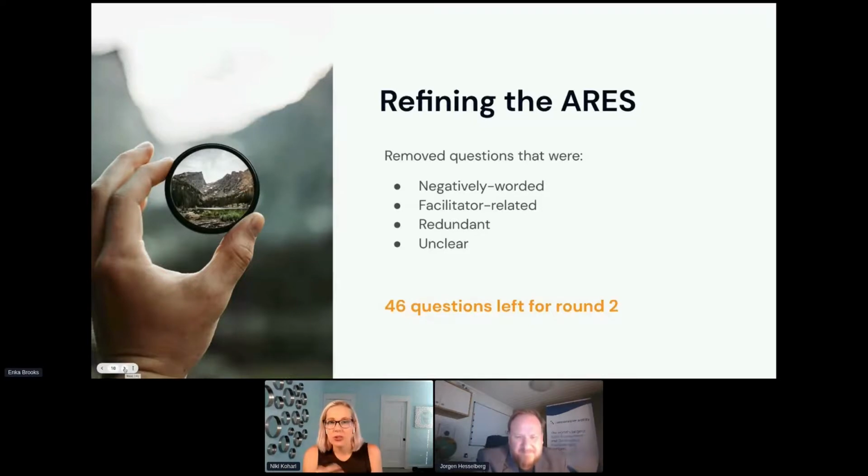Oftentimes the facilitators are trying to amp up the retrospectives to make them fun, or they're changing the location of the meeting to try to mix things up. Those are great behaviors to do, but we actually didn't find on the survey itself that those things added much above and beyond the other questions that we had. So we ended up removing some of those things as well.